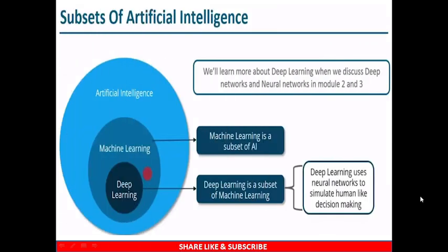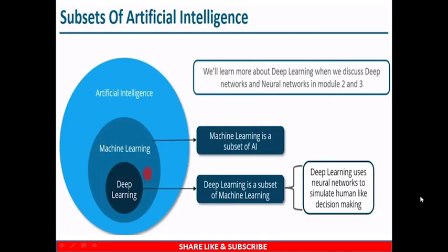And moving on to the next one, artificial intelligence. Artificial intelligence is a massive topic, because it is the superset of machine learning and deep learning. All the things we are doing inside them come under the category of artificial intelligence.